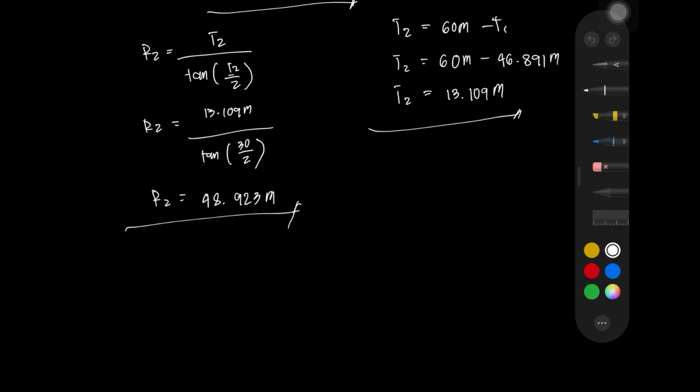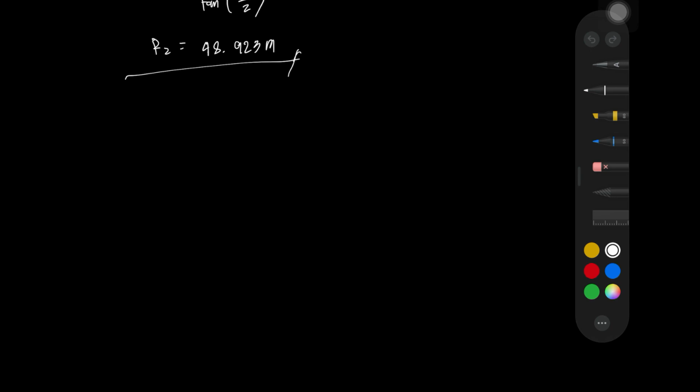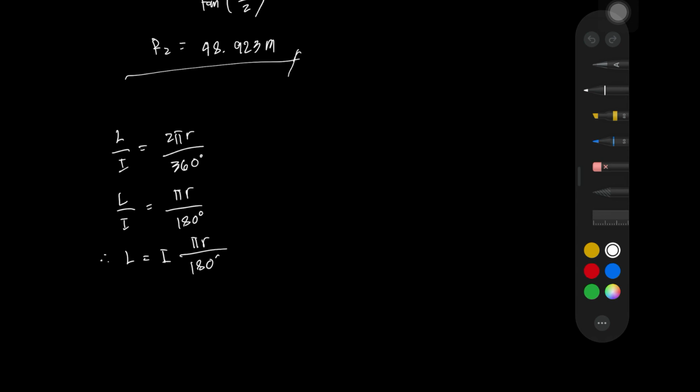We have our R2. Now using these values, we can calculate for L1 and L2. We know that L over I is equal to 2 pi r over 360 degrees. Simply, L over I is equal to pi r over 180 degrees. Therefore, L is equal to I multiplied by pi r over 180 degrees.